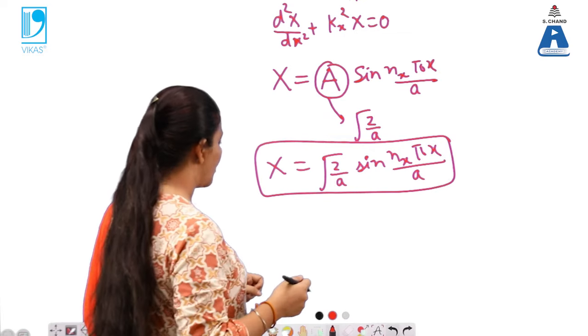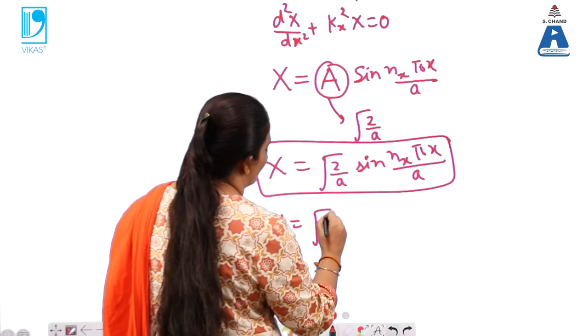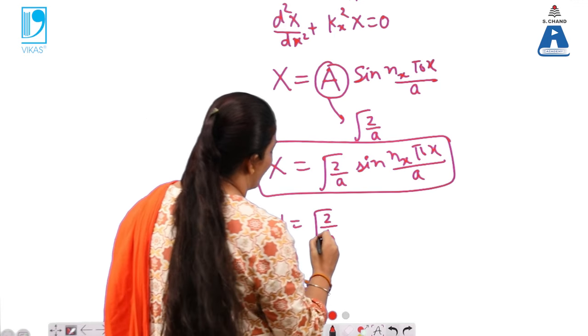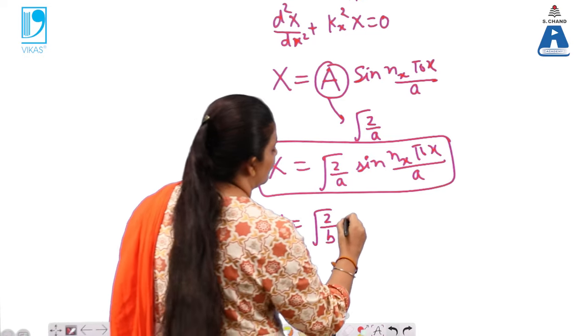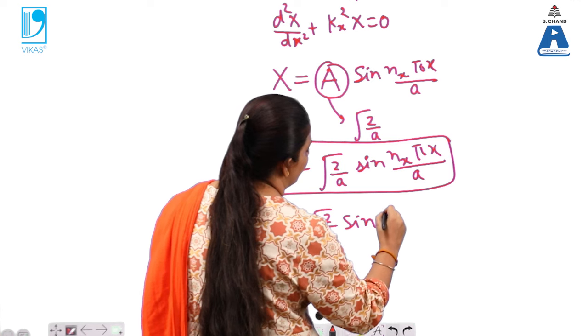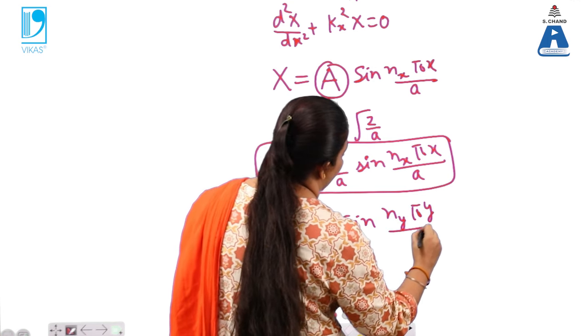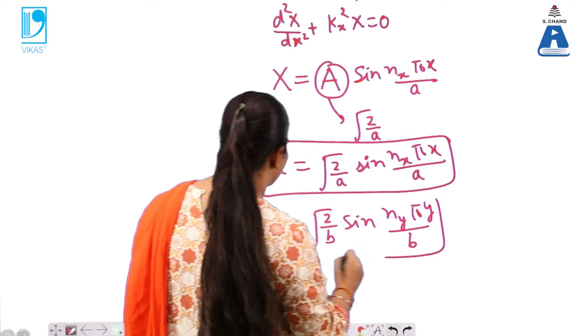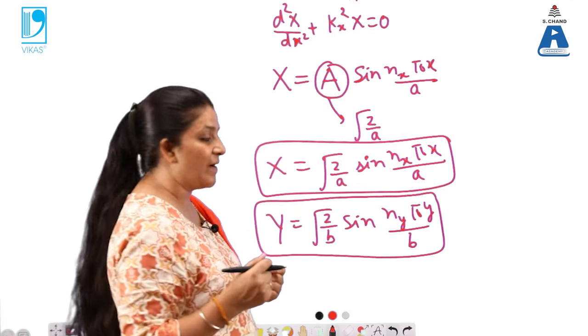In the similar way, along the y-axis, we will get, now along the y-axis the length of the box is b. So here the length will be b for the normalization constant, under root 2 upon b. So this is the solution of the Schrodinger wave equation along the y-axis.